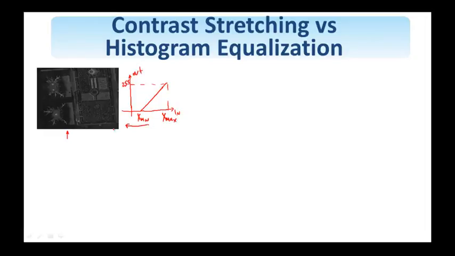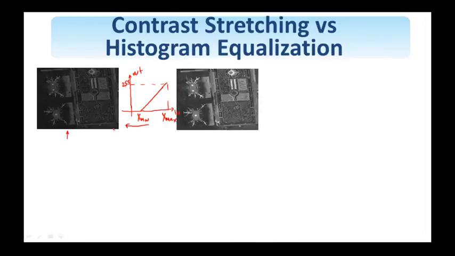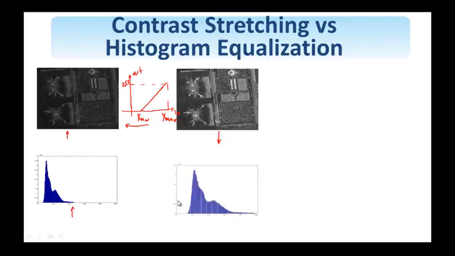So we apply this transformation, and this is the resulting image. I see more high intensity values here due to this expansion, due to this transformation. Now, while this is happening in the intensity domain, the story in the histogram domain is that this is the histogram of the image we started with, and the histogram of the processed image is this one.